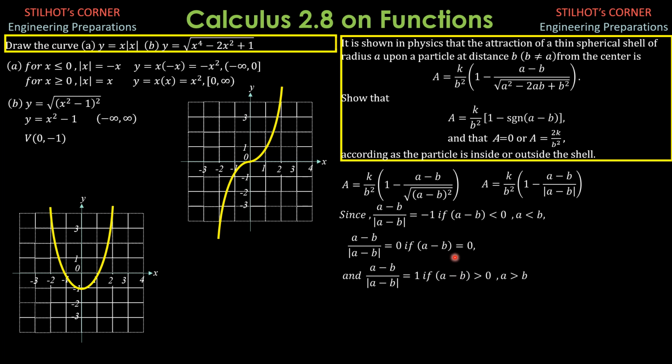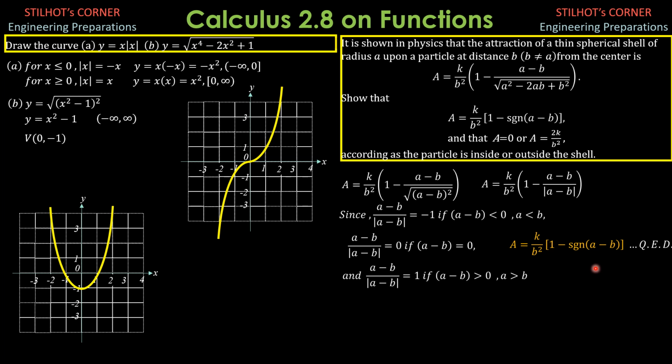So therefore, this is the definition of the signum function. So A is k over b squared, quantity 1 minus signum of a minus b, because this satisfies the condition of a signum function.